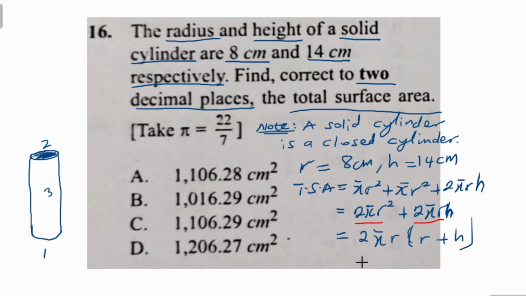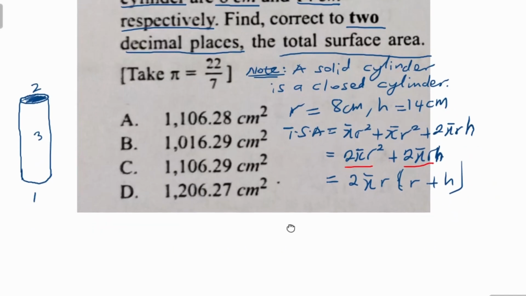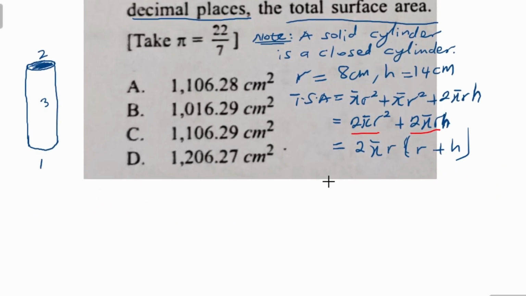Now let's go ahead and substitute the values, and the total surface area now becomes 2. Remember the question said we should take pi to be equal to 22/7. So 2 times 22/7 times our radius, which is 8 centimeters, all of this multiplying radius 8 plus height 14.